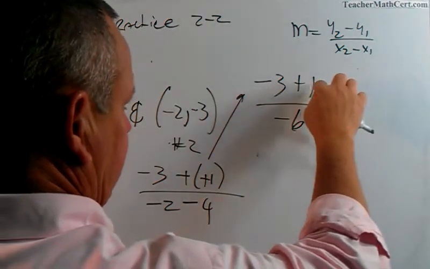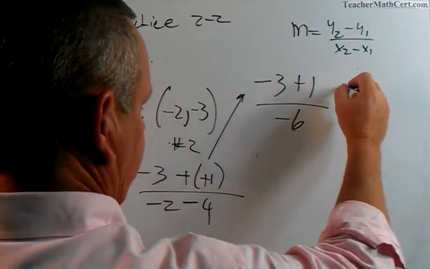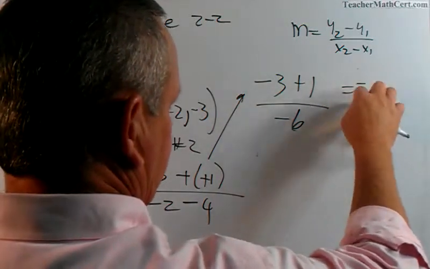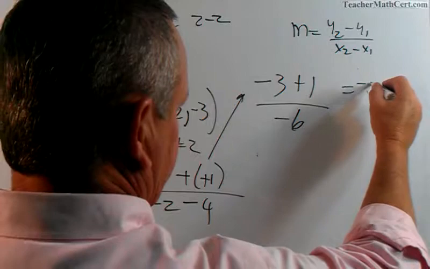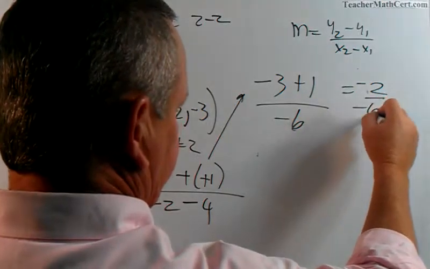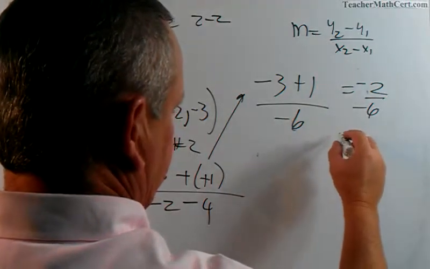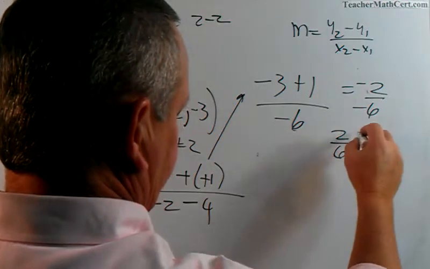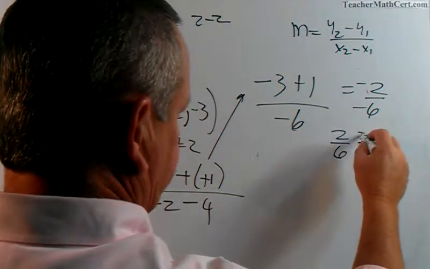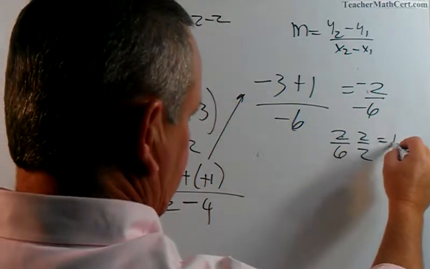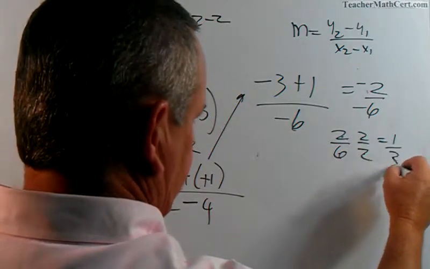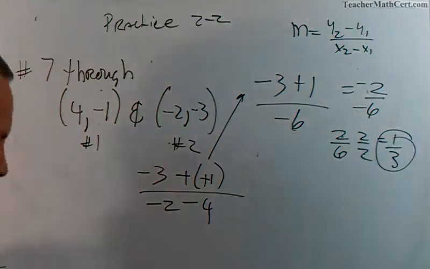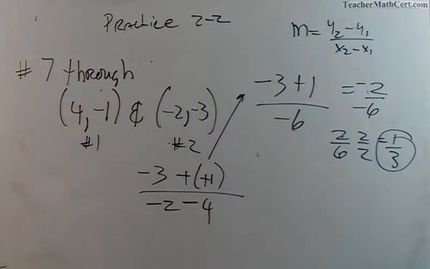So negative 3 plus 1 is going to be negative 2, since the bigger number is negative. So it's negative 2 over negative 6, so we know the answer is going to be positive: 2 over 6, dividing both by 2. 2 goes into 2 one time, 2 goes into 6 three times. So number 7 should be 1/3, and yes it is.